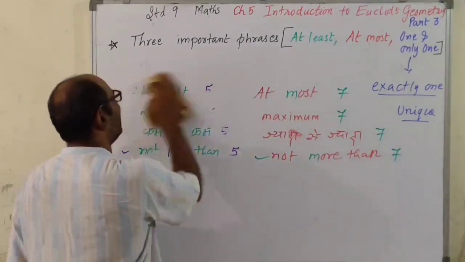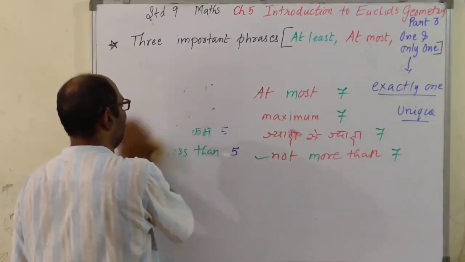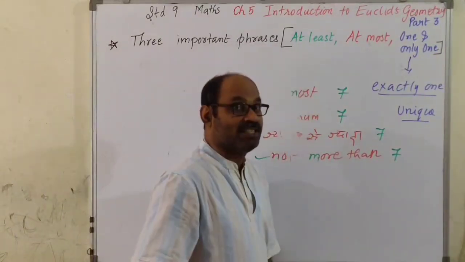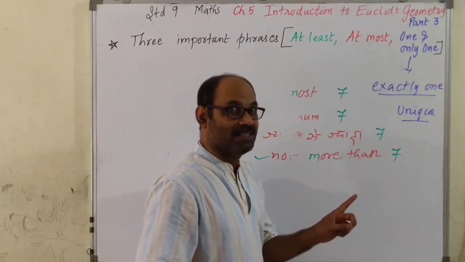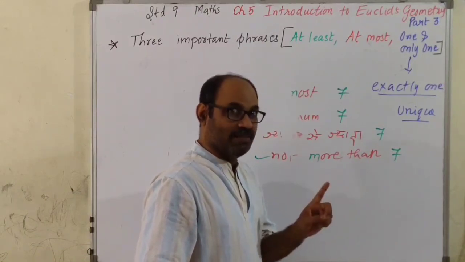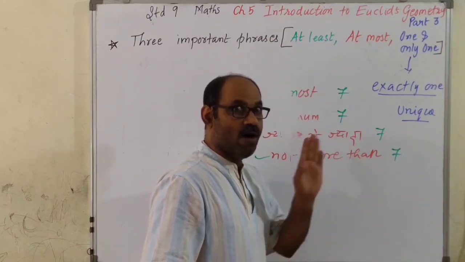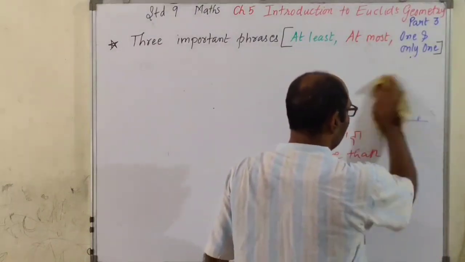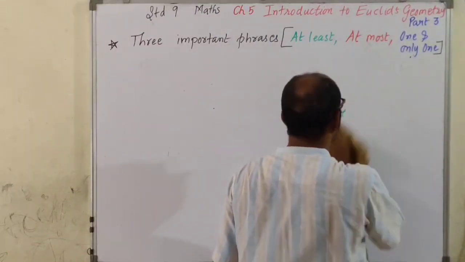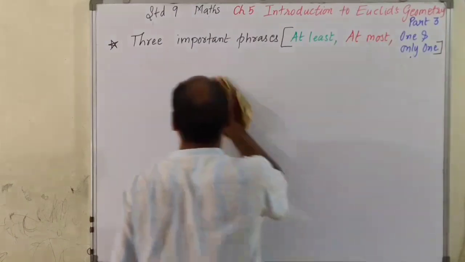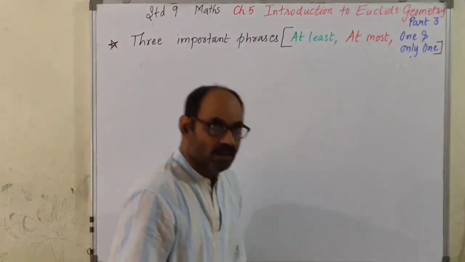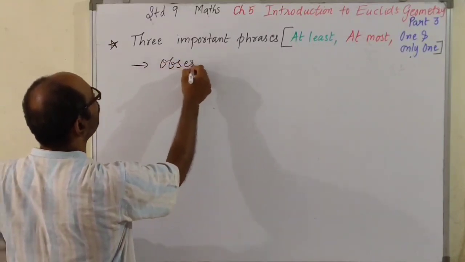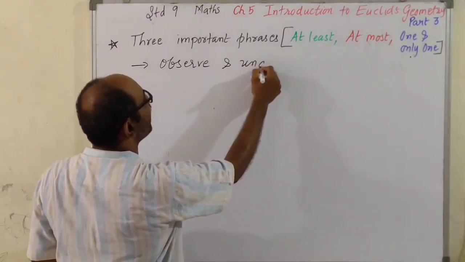Okay? Let's see a few examples to understand. I'm going to write a few sentences. In fact, now I should say statements. No sentences in mathematics, we should say statement only. A statement is a sentence which is either true or false. Any of the phrases I'll use, observe and understand.